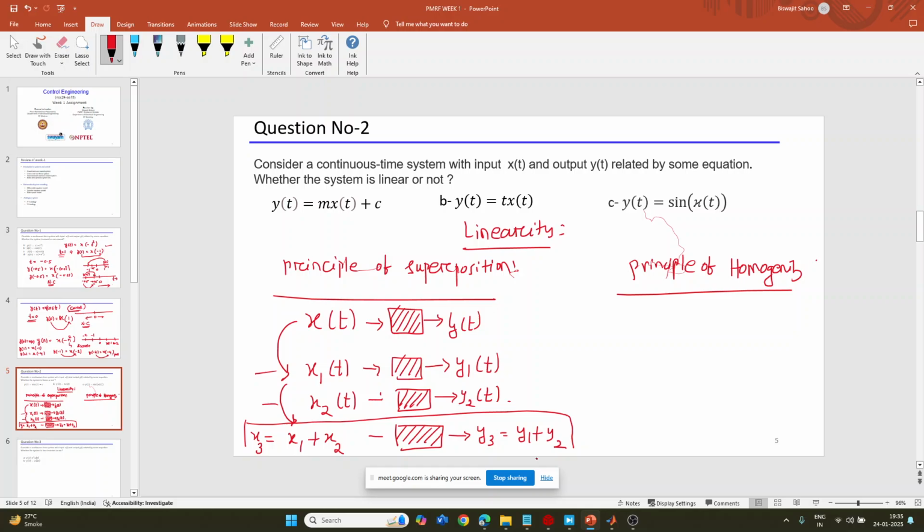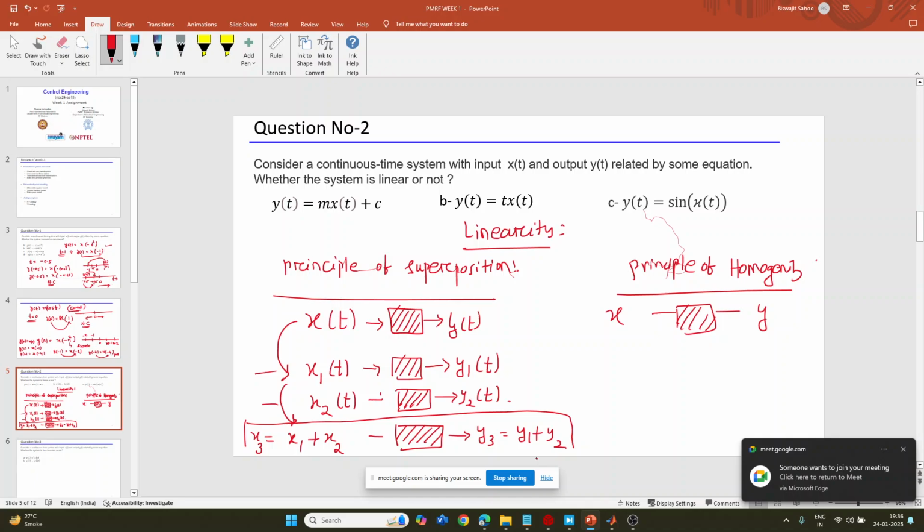What is the homogeneity principle? Let a system be there. You are applying input x, you are getting output y. All with respect to time, I am not writing it, just understand that x is a function of time and y is a function of time. Now you multiply this x with a constant, that is, you are scaling it, either scaling up or scaling down.